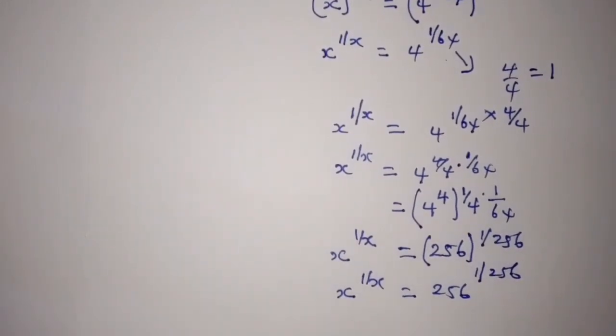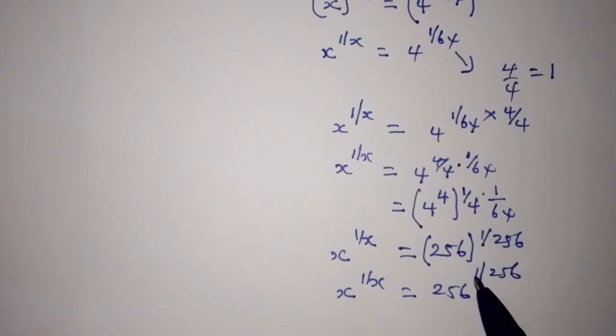Then you can see that 1 is equivalent to 1, and the base here is x, the base here is 256. The denominator here is x, the denominator here is 256.